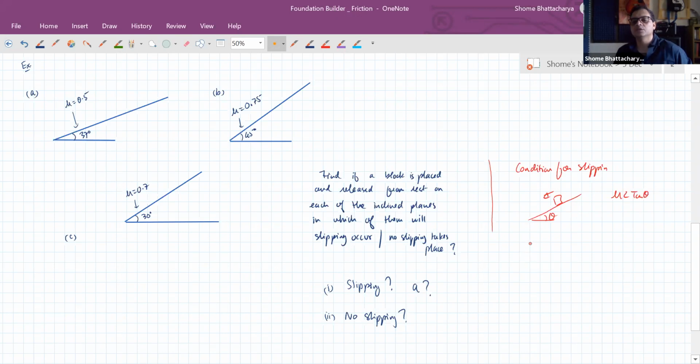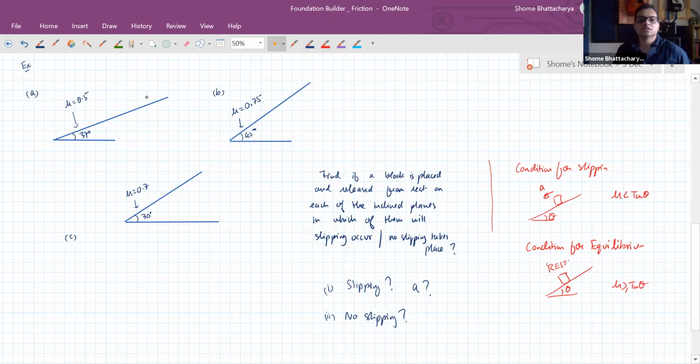And condition for equilibrium, that when we place the block, it remains at rest. The condition is mu is greater than or equal to tan theta. Okay. So just check out each of these values here.